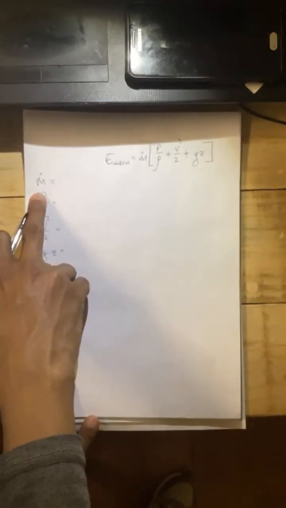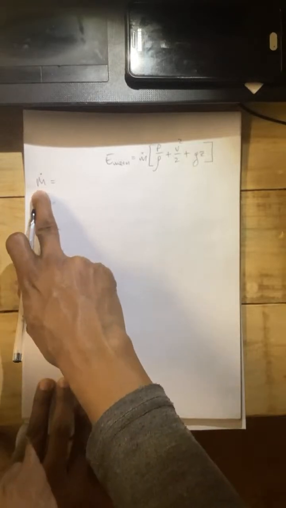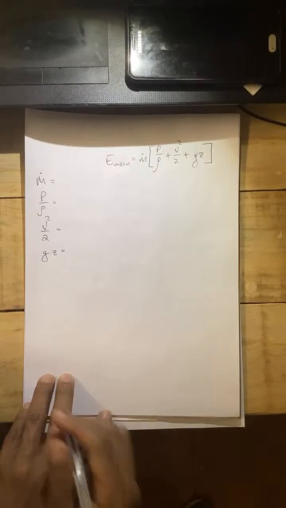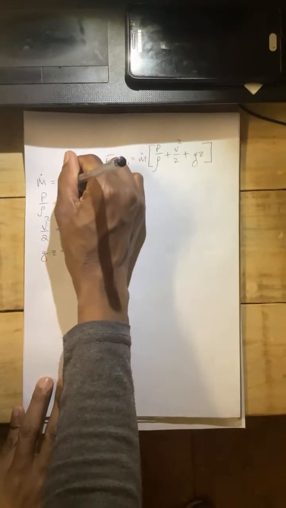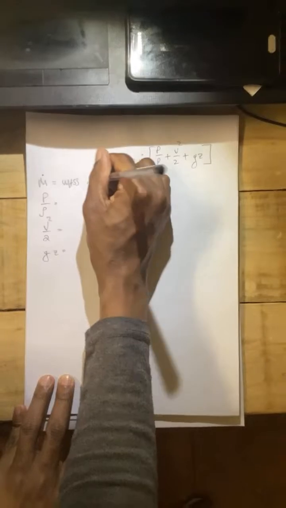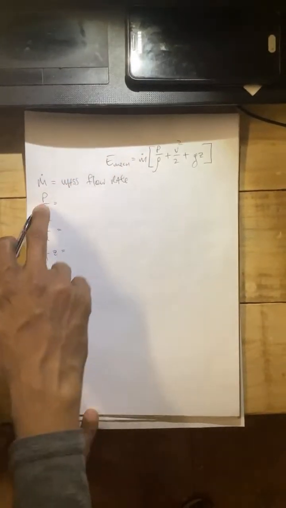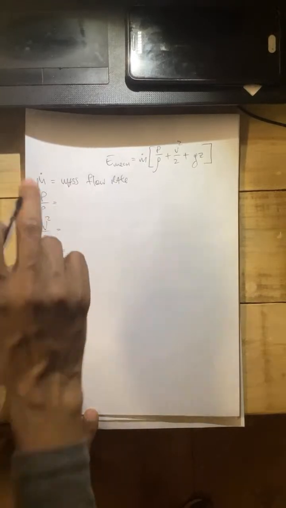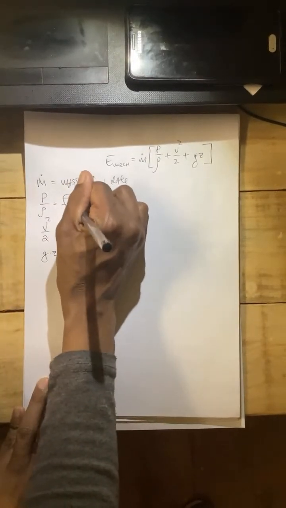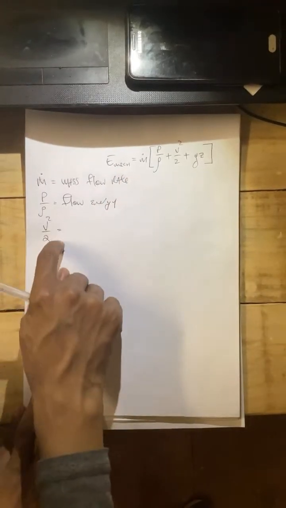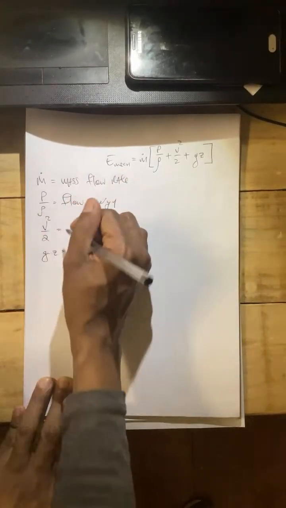Let's start with this top term over there. That is known as the mass flow rate. And then this over here is known as our flow energy. And then this over here is known as our kinetic energy.